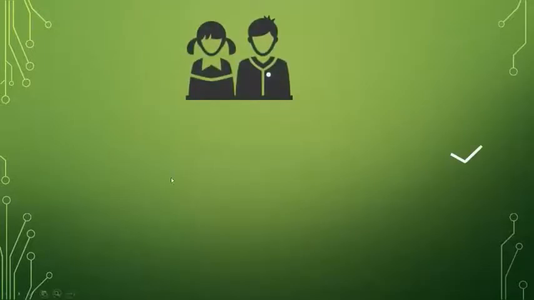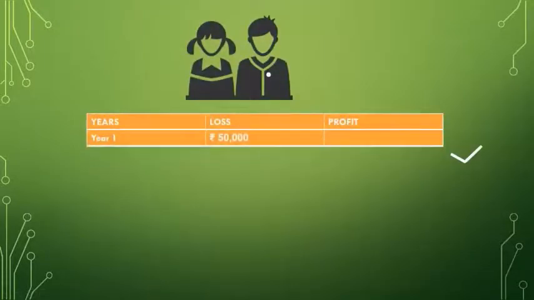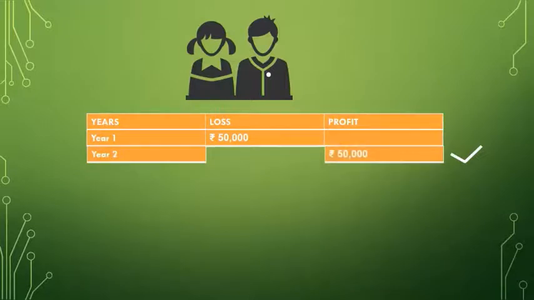Now let's consider two opposite situations. Rahul and Priyanka started a new business. In their first year, they incurred a loss of 50,000 rupees. What would be the opposite of this situation? You can say that they have incurred a profit of 50,000 rupees.